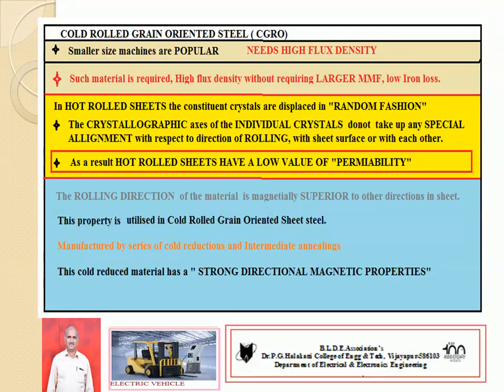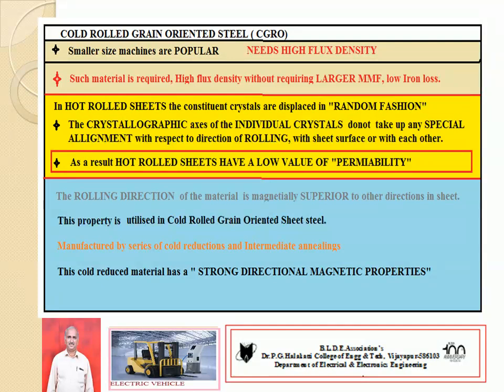Then again, this random arrangement of crystals doesn't depend upon the direction of rolling. Remember, due to these characteristics, such hot rolled sheets are characterized by low permeability. That means low flux density, low magnetizing property.